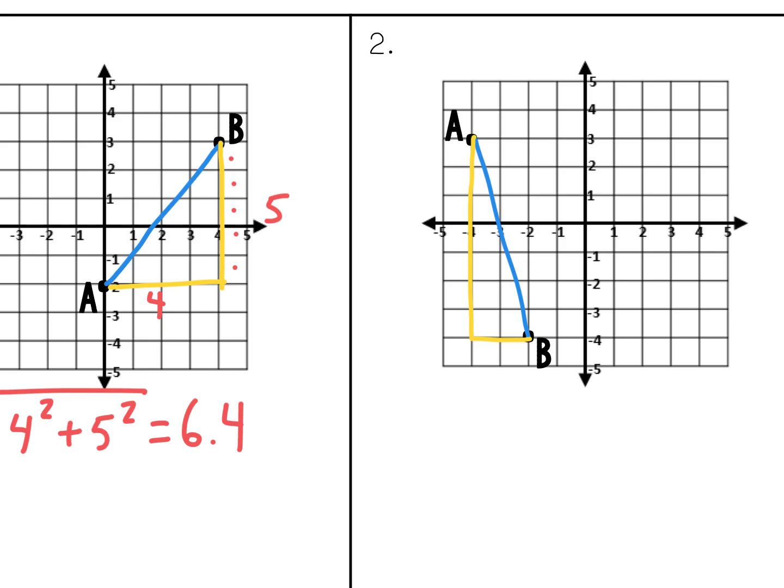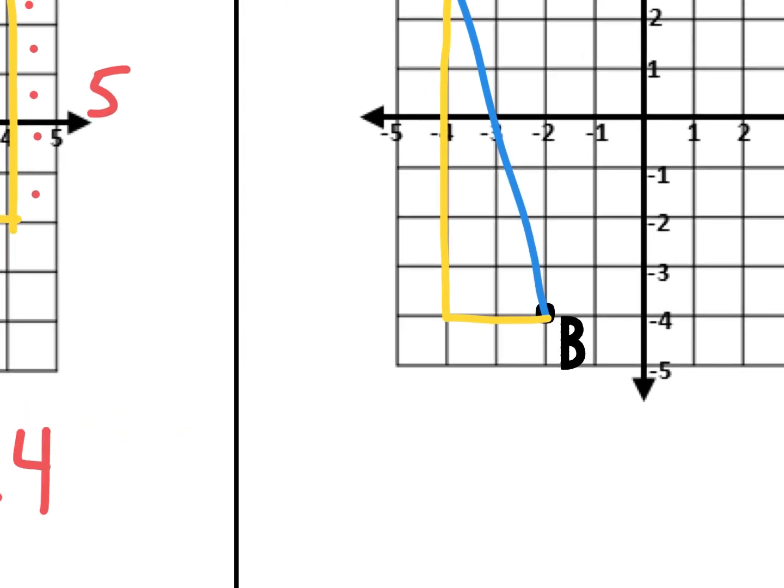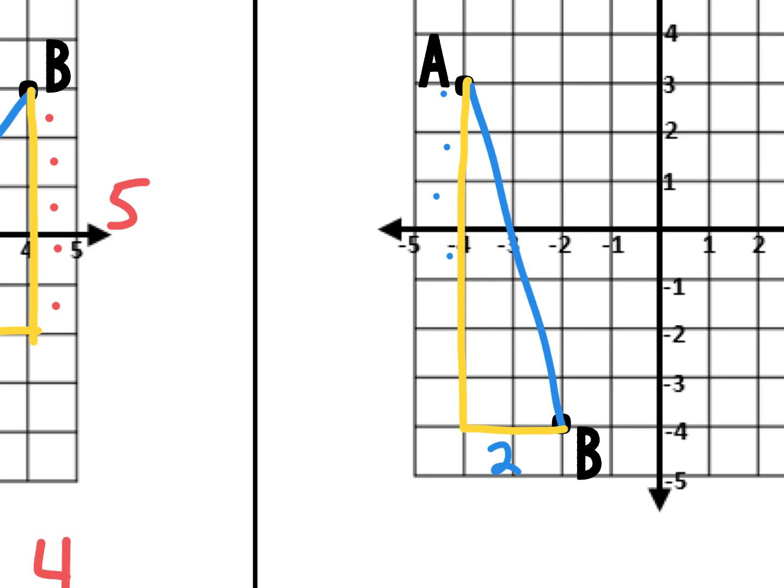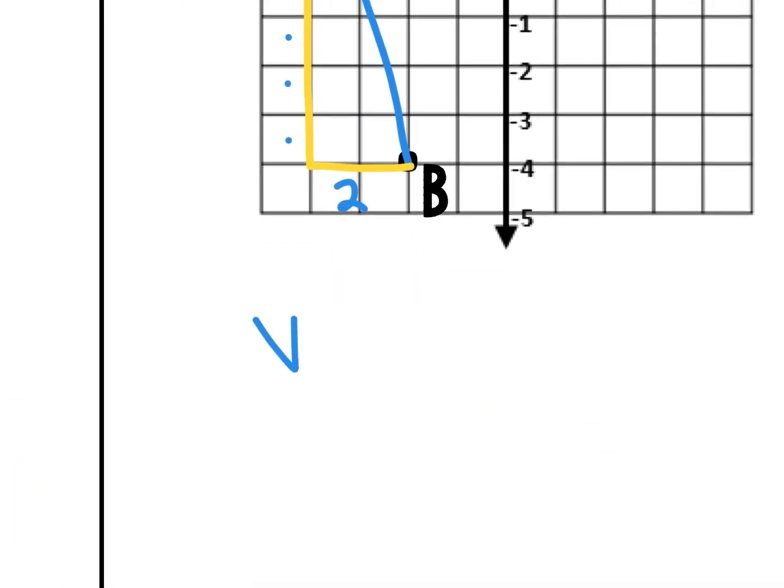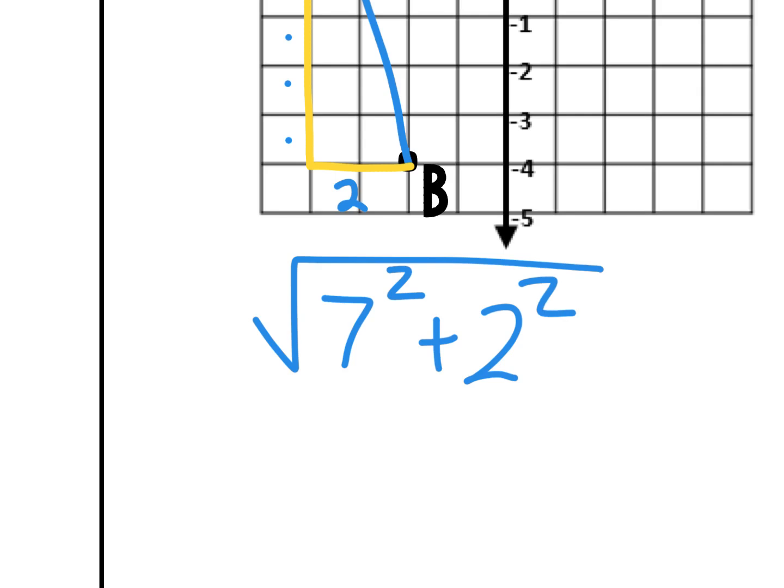Now, how wide is this triangle? 2 and 7. And how tall? 7. 2 and 7. And if I'm following the rules over here on the board again, if I have the 2 short sides, I add. So square root of 7 squared plus 2 squared.